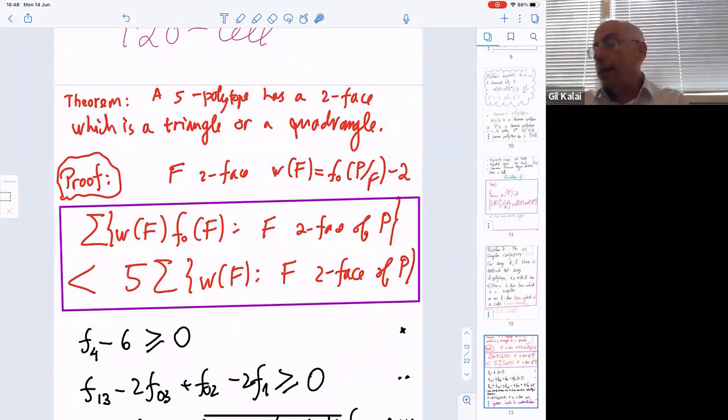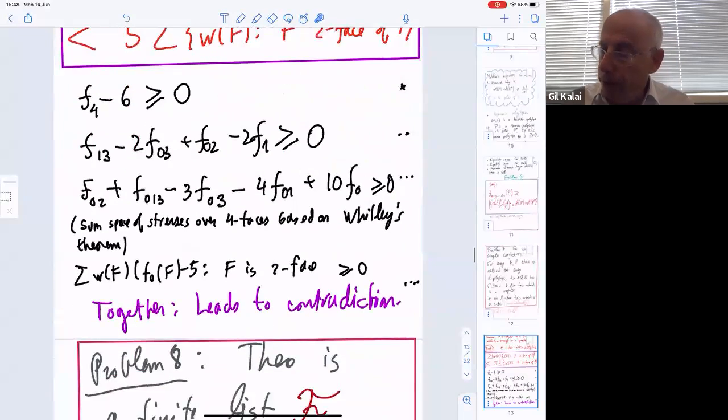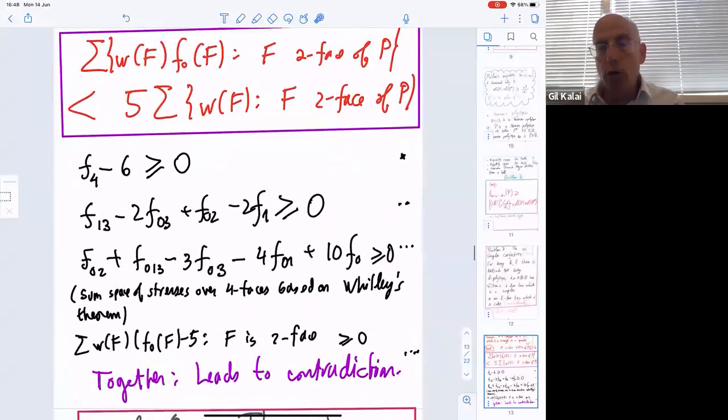And this inequality immediately implies that for one of the 2-dimensional faces, you have fewer than 5 vertices.